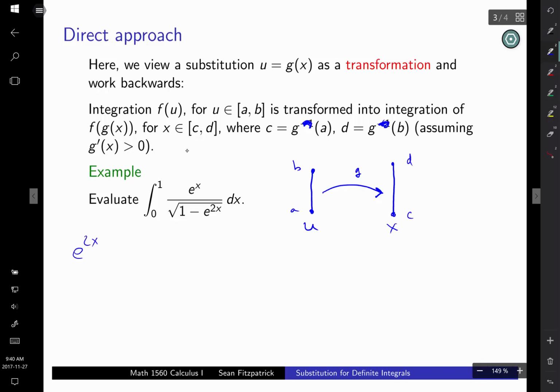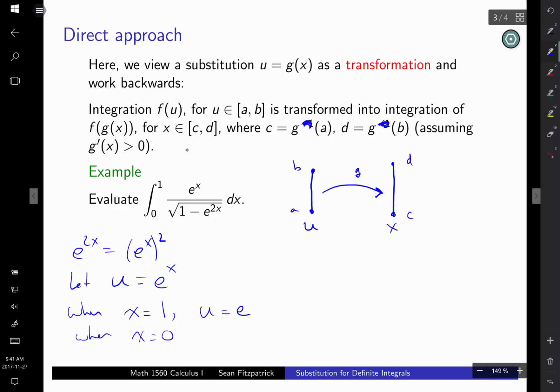And so with something like this, we can say, okay, let's see. E to the 2x, I know that e to the 2x is e to the x squared. Okay, so I'm going to let u equal e to the x. Okay, and when x is equal to 1, u is equal to e.